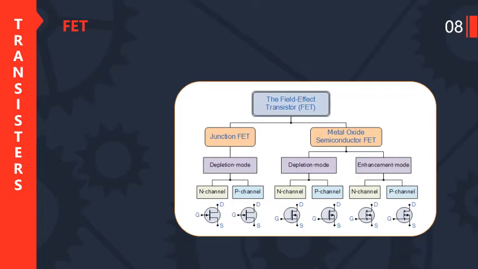The JFET is further classified into N channel and P channel. Metal oxide semiconductor FET is further classified into depletion mode and enhancement mode. Depletion mode is again classified into N channel and P channel MOSFET. Similarly, the enhancement mode is further classified into N channel and P channel.